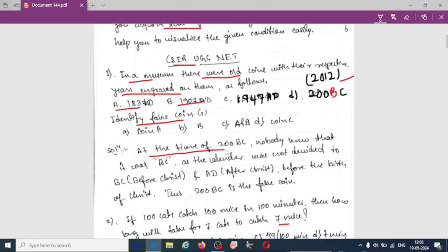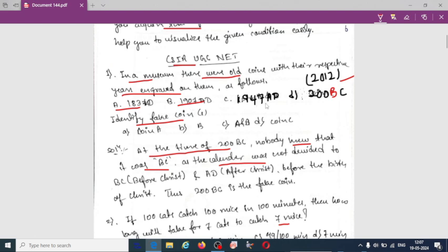If you take coin D, 200 BC, nobody knew that it was BC, because the calendar was not divided into before Christ and after Christ at that time. If you observe the other 3 coins, 1837 AD, AD corresponds to after Christ.